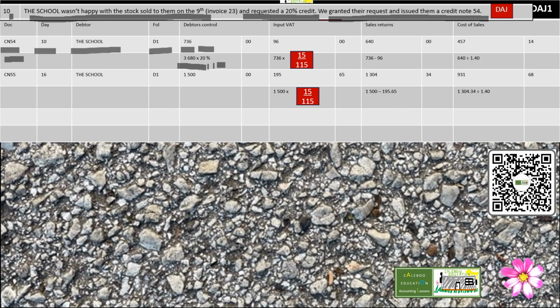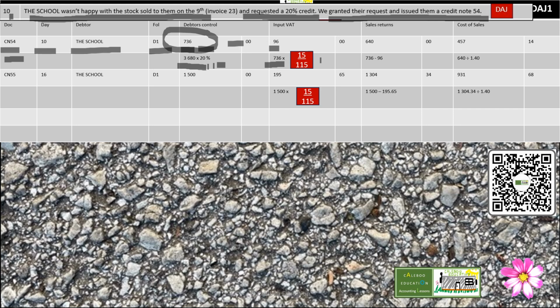Now there was, like I explained earlier in the video, output VAT that was going to be claimed on behalf of SARS. That output VAT needs to be reversed. And how we calculate that is, we say 736 multiplied by the VAT fraction is equal to 96.